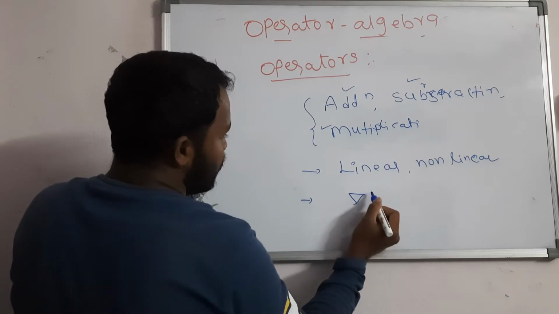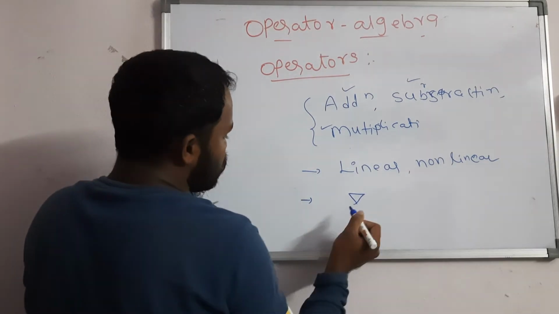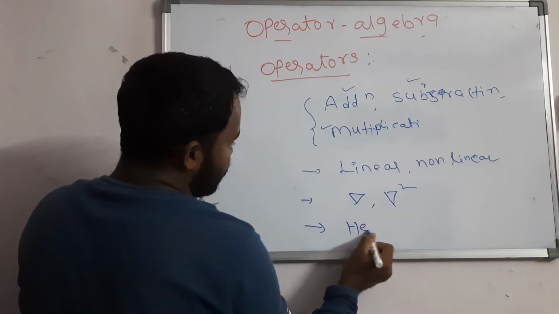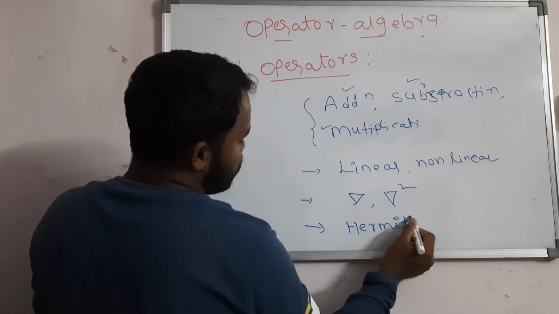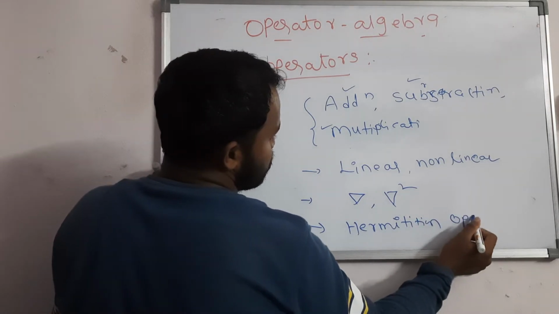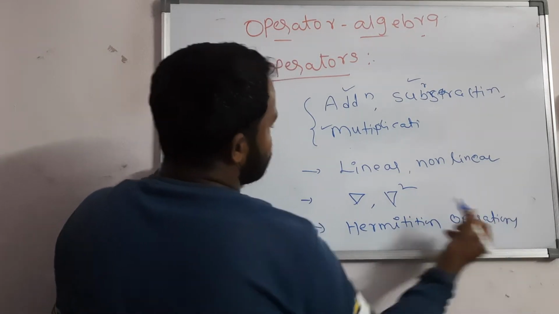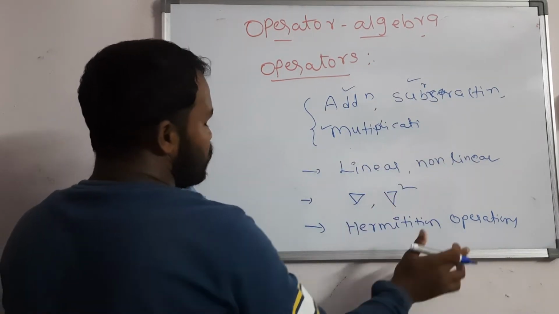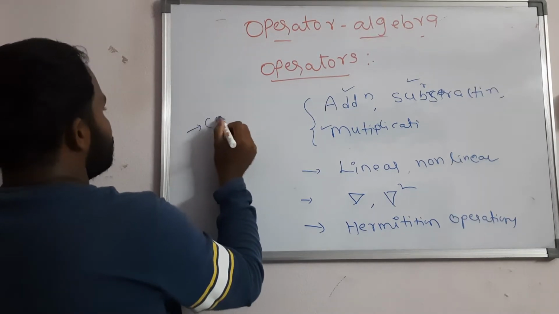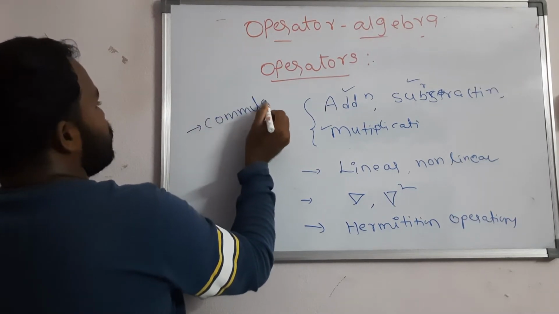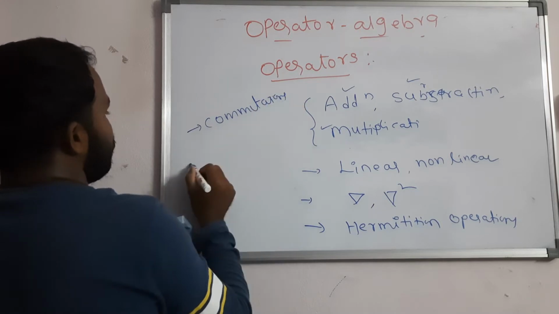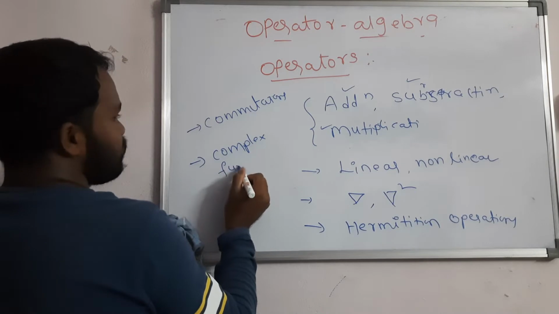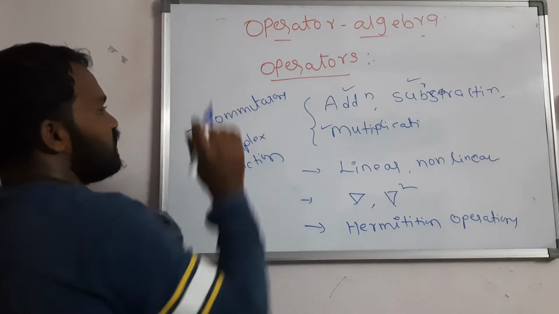Del square is the Laplacian and del is the vector operator, and also Hermitian operators, H cap. We also have commutators and complex functions. We will discuss all of them one by one in this video.